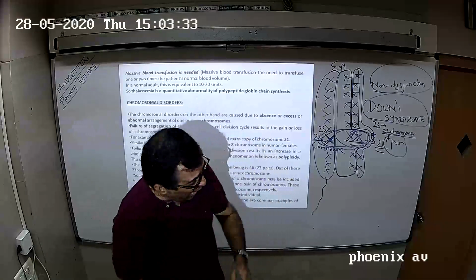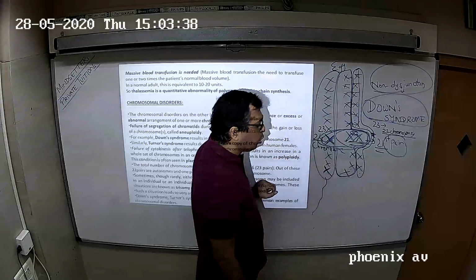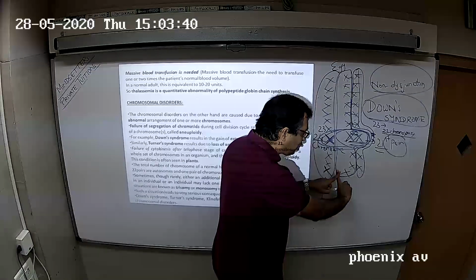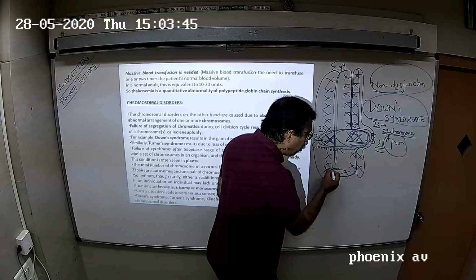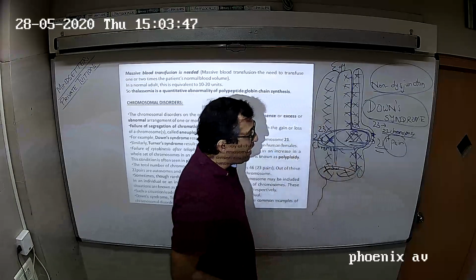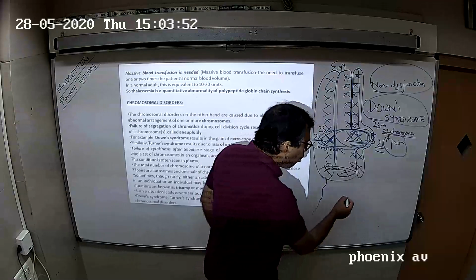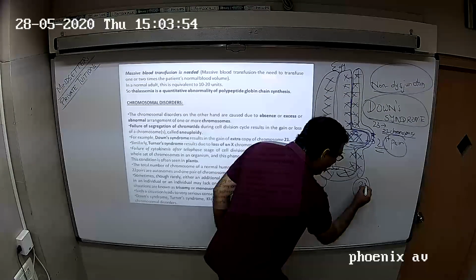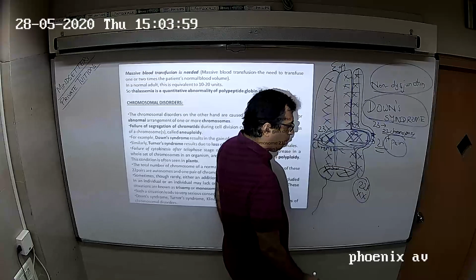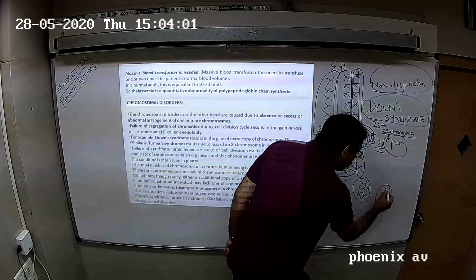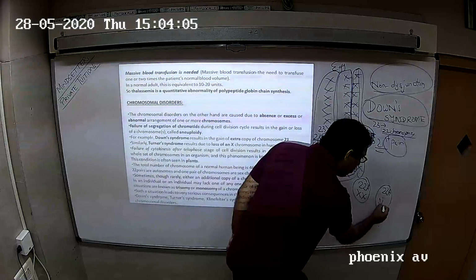Something similar may happen to the X chromosome and X chromosome. If crossing over has happened between the X and X chromosomes and they do not undergo disjunction, non-disjunction takes place, then one egg will have 22 autosomes and XX sex chromosomes, and the other egg will have 22 autosomes and no sex chromosome.